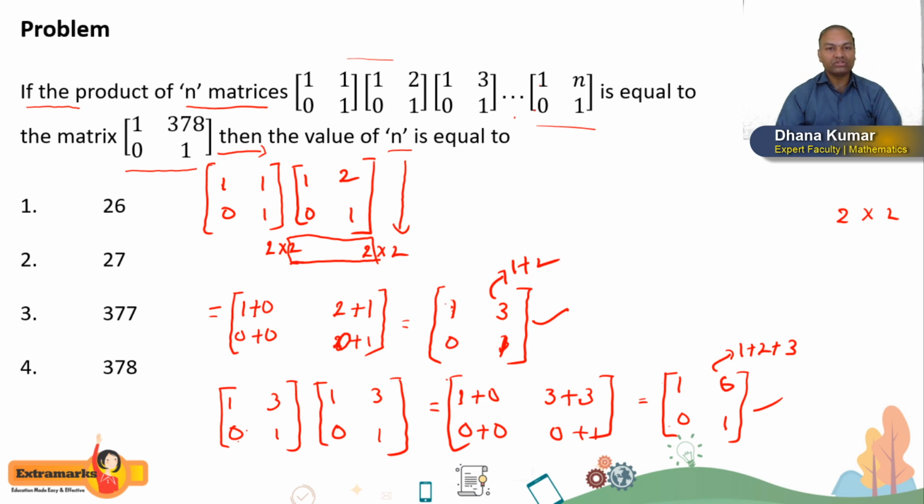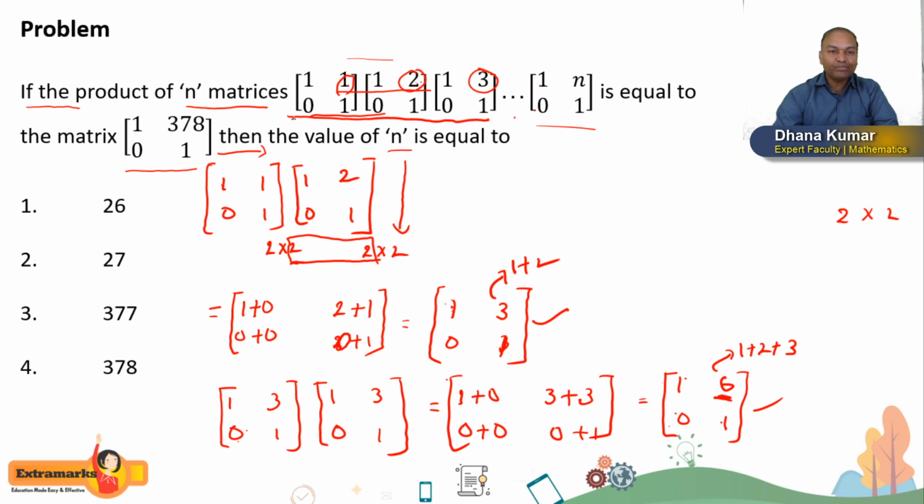So if you are multiplying the first 3 matrices, the sum of these 3 numbers, 1 2 3, is equal to 6. If multiplying the first 2, 1 plus 2 is 3, same thing.